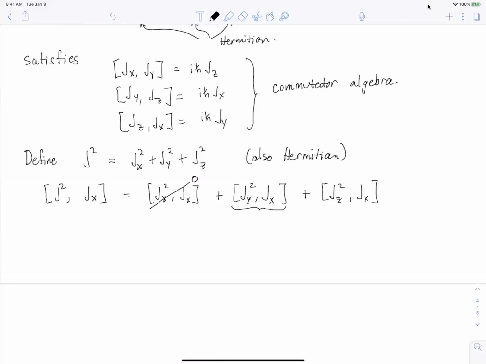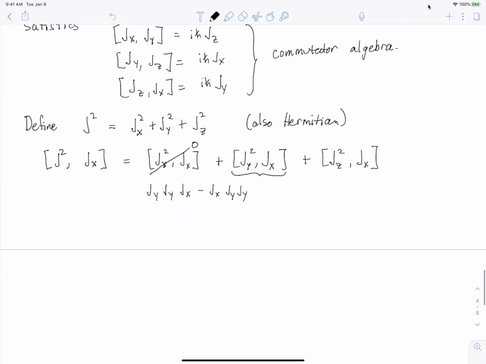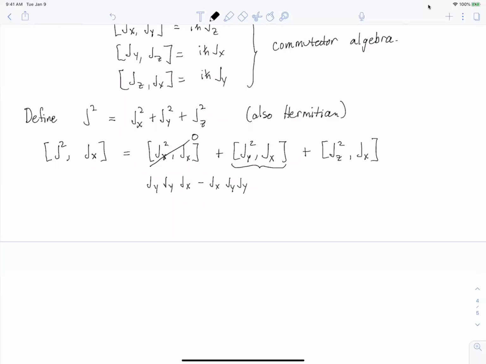So this is equal to Jy Jx minus Jx Jy. I'm just writing out the Jy squared. Okay, and now I can use commutation relations on these individual parts. For the first term, I can write this as Jy Jx Jy minus i h bar Jy Jz. Okay, so I used the commutation relation there.